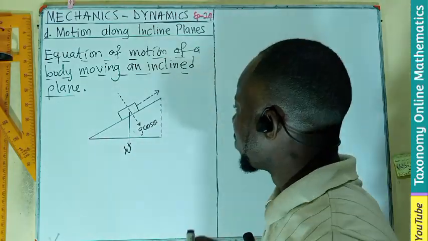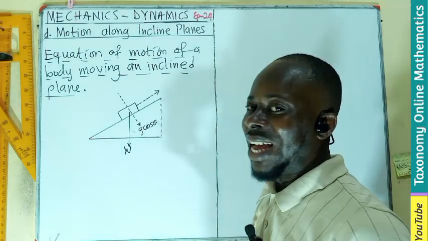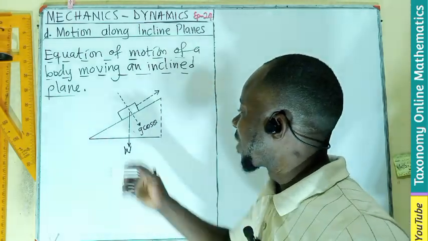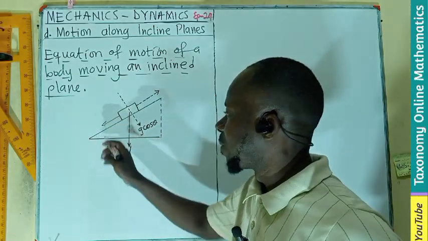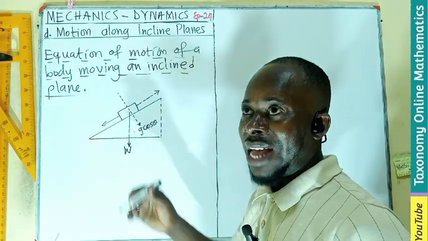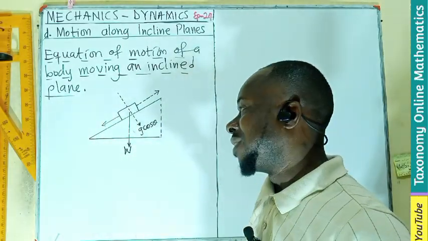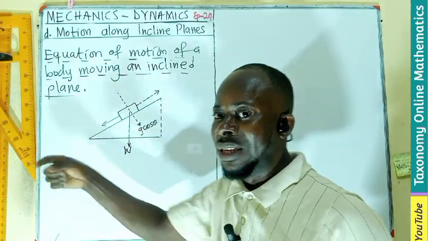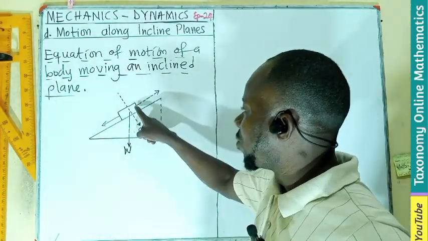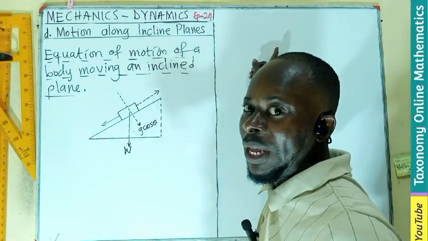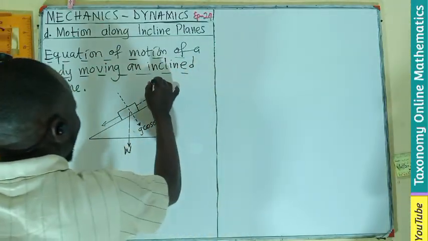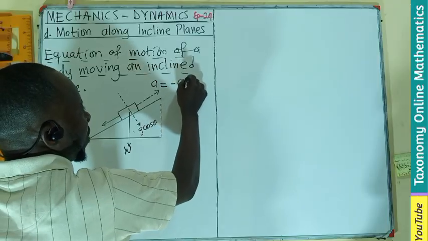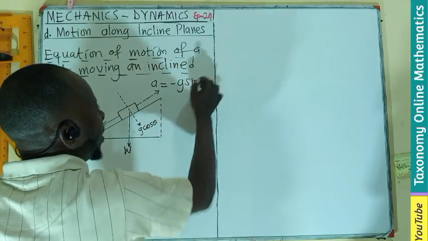So if the body is moving up, it means that the acceleration of the body is not going to be in the same direction as the force of gravity. So the force of gravity is moving along the plane, down the plane, then the body is going to move forward, up the plane. That means that the acceleration is going to be negative of the gravity, which is g sine theta.